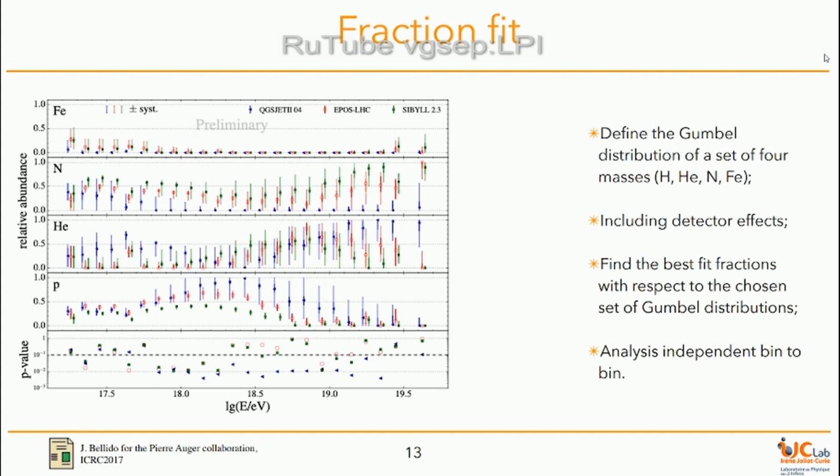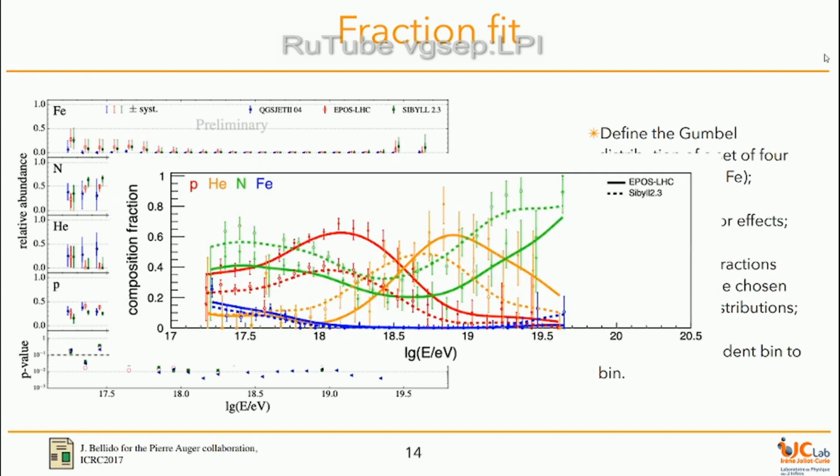And interestingly, when we combine all of this, we see a kind of hierarchically ordered abundance. It seems that in our data, we see first a bump of proton, then a bump of helium, then a bump of nitrogen, which encourages us to use this rigidity-dependent scenario, because it seems that the abundances are hierarchically ordered.